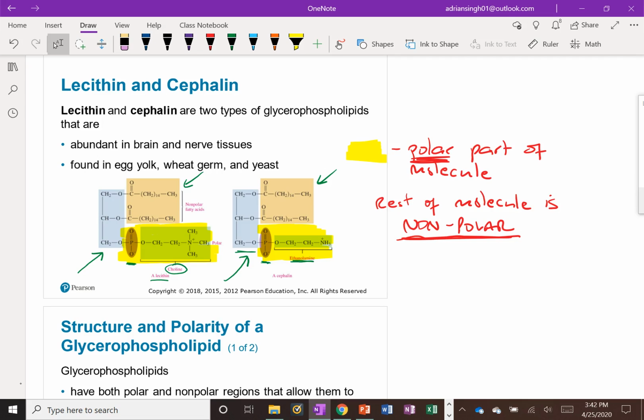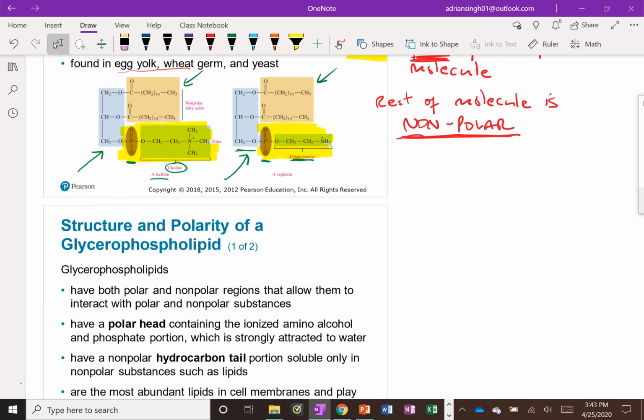So lecithin and cephalin, like we saw here, are two types of these glycerophospholipids. You find cephalin, for instance, in things like brain and nerve tissues. Lecithin is found a lot in egg yolk and wheat germ and yeast, for instance. So we looked at the structure for these glycerophospholipids, and the key thing now is the polarity, right?